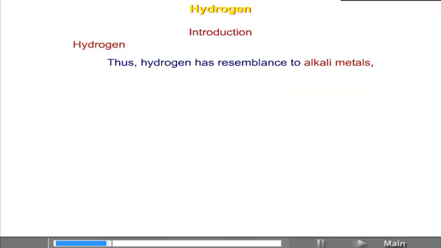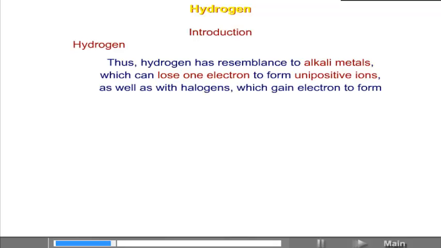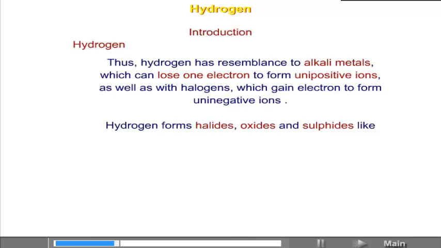Thus, hydrogen has resemblance to alkali metals, which can lose one electron to form unipositive ions, as well as with halogens, which gain an electron to form uninegative ions.